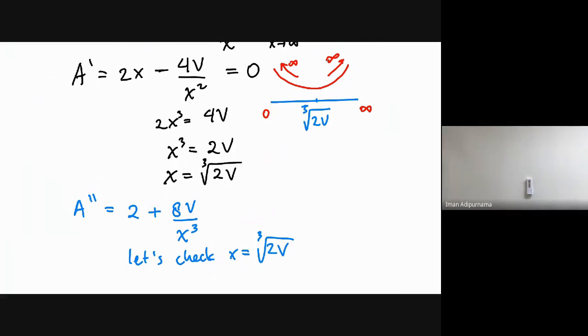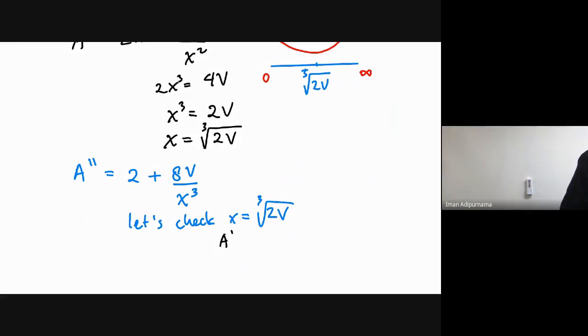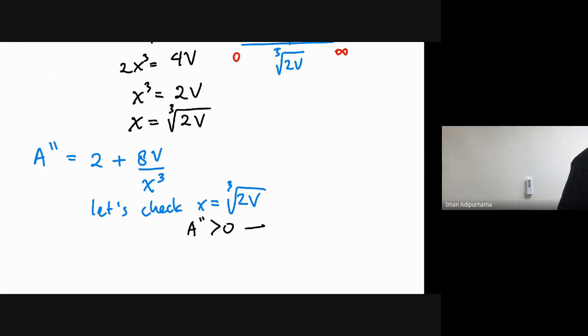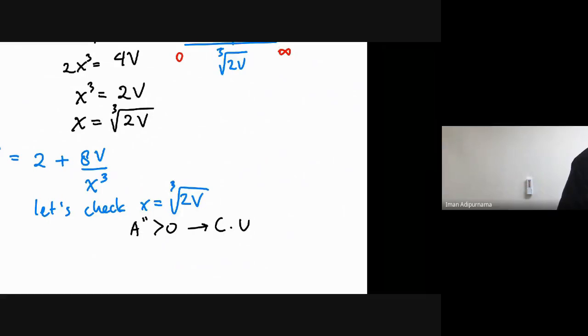If we put x equal to this result, it will be 6V, it's a positive number, right? Because it's a positive number, what can you conclude from here? It's concave upwards, or it's like this. And then you can also conclude that it will be a minimum value here. You can just do the first derivative test, that's fine. If you want to make sure with the double prime, you can do it also.